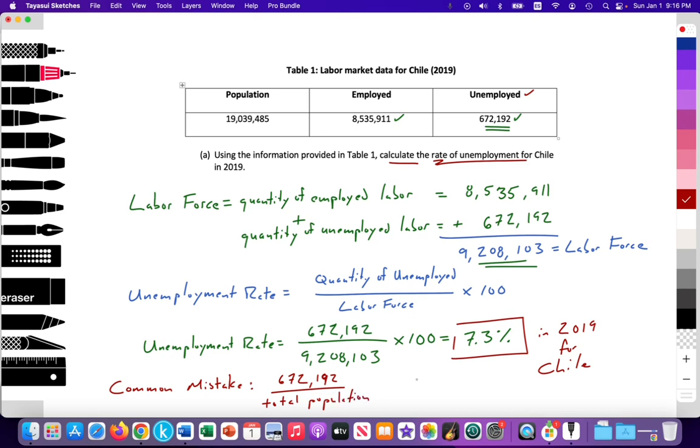All right, that is incorrect. We're taking our unemployed divided by our labor force, not the total population. So make a note to not do that. They'll throw in this population data point to confuse you because a lot of students will do that. They'll take unemployed divided by population and then they'll get the wrong answer. Okay, so just make a note to not do that.